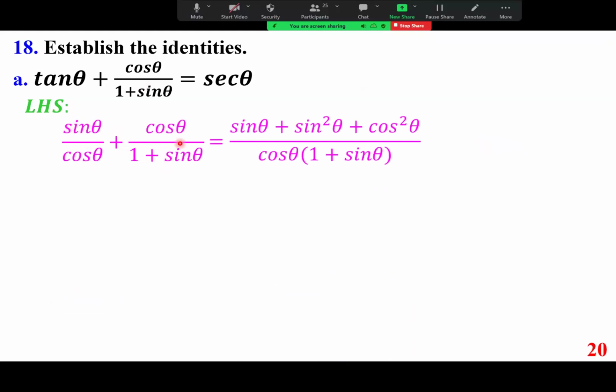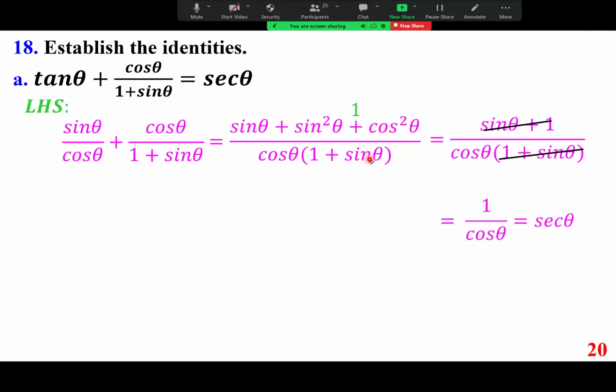When I multiply these two, I get sine theta plus sine squared. When I multiply these two, I get cosine squared. I hope nobody has any problem with fractions. Sine squared and cosine squared, we just drop them and change it to 1 because they add up to 1. Now, sine theta plus 1 is identical to 1 plus sine theta. So you can drop the two. The answer is 1 over cosine theta, which is secant theta. We are done.